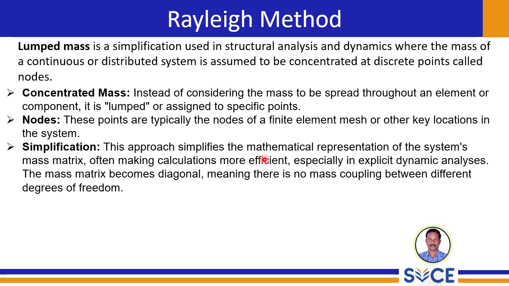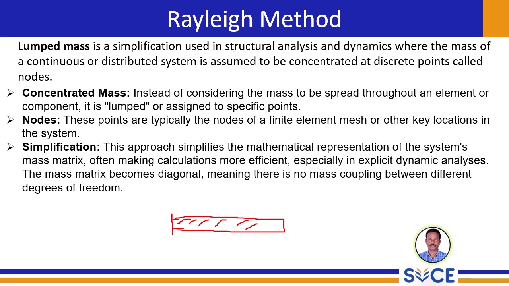Now, let's talk about how to represent the mass within our system. In reality, mass is often distributed continuously throughout the structure, like the beam. So in beams, whether fixed or cantilever, the mass is uniformly distributed. However, for simplification, we have to deal with discrete masses, especially for numerical methods like the finite element method.